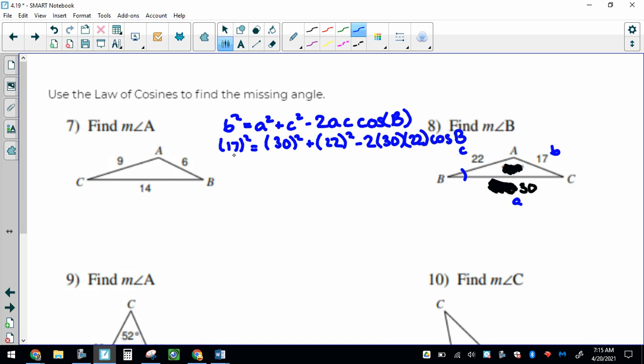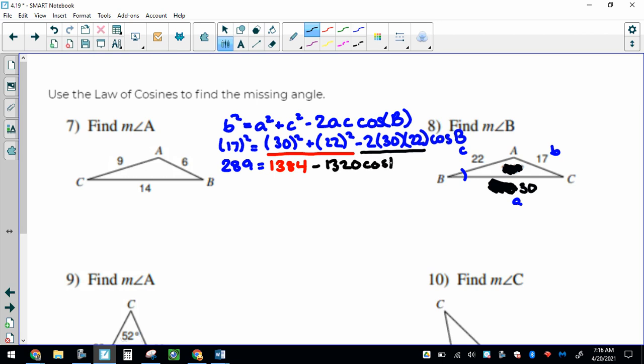All right, now again, we can do bits and pieces of this. 17 squared is 289. We can do this part of it where we add them together, which is 1384. And we can also do this part, the 2 times 30 times 22, which is 1320.